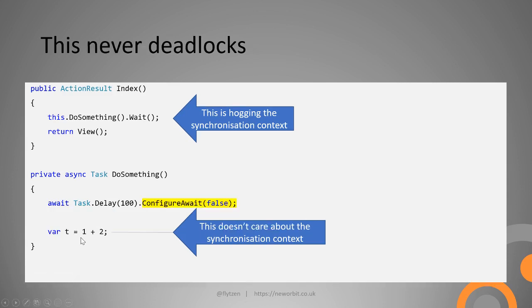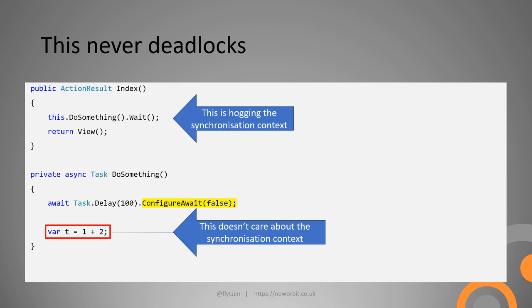This one here will never deadlock, because what you're doing is you are blocking in the same way, but you have specified configure await false. When you do that on an await like this, what you're basically saying to the system is, look, this task here, the callback that you're going to rewrite for me here, I don't want you to lock on the synchronization context, so you can just run that on whatever thread you like, and I'm happy with that.